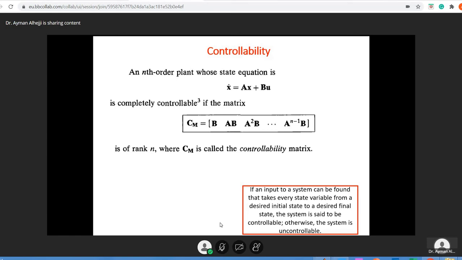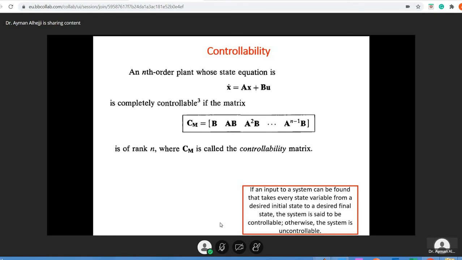If the system cannot be controlled, that means no need to put much effort to design a controller for the system. But if the system is controllable, yes, we need to put effort to design a controller, because sometimes the system is uncontrollable, okay, with full rank, and you can see the states, but the system is still uncontrollable.